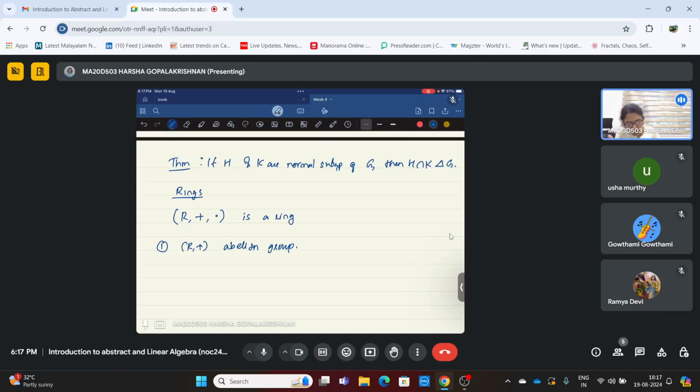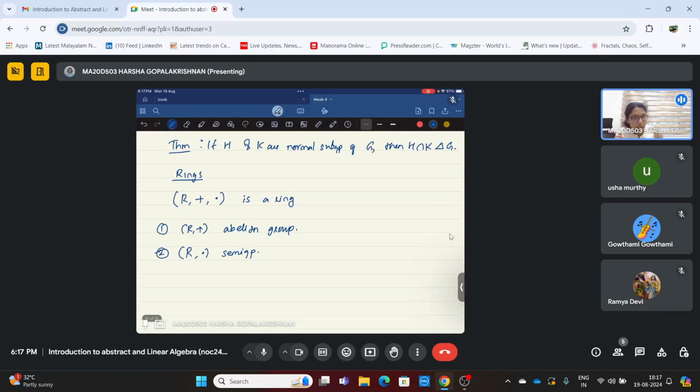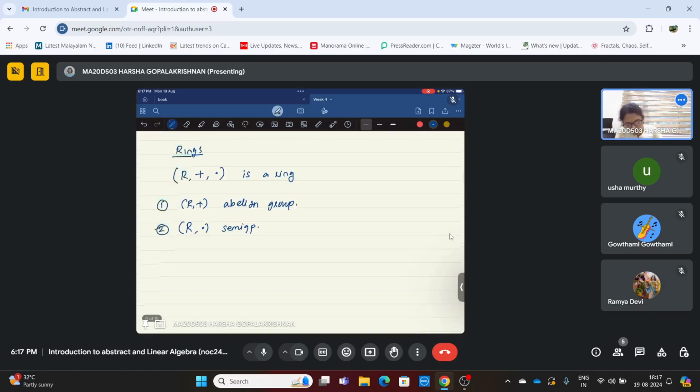That is the first condition. And the second condition is R with the dot should be a semi-group. Semi-group means the closure property and associativity should be true for R with the operation dot.